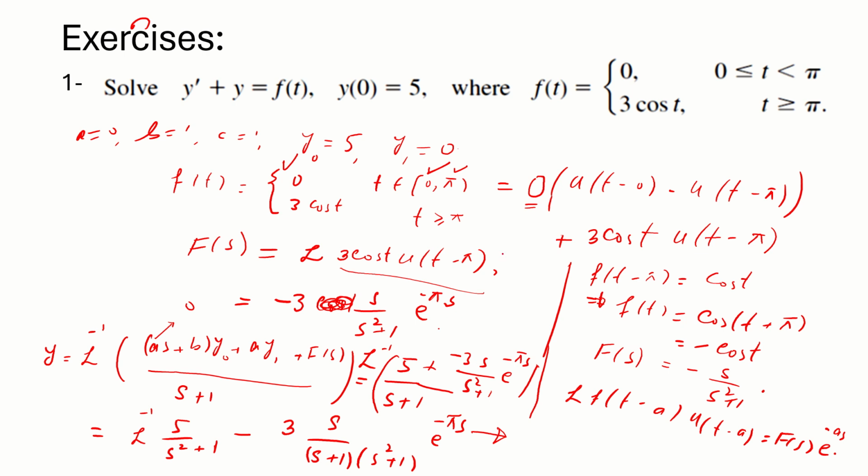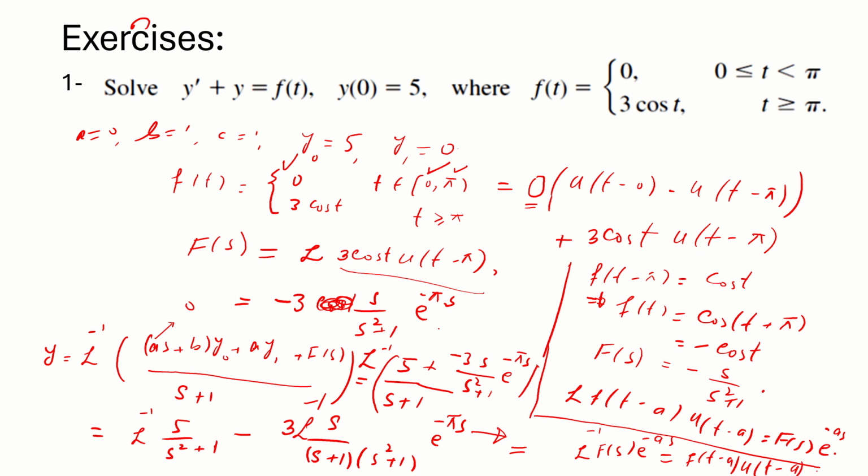So when you apply this, you have to apply Laplace inverse of f of s e power minus as. This is the rule used for finding Laplace inverse as well. So this will be something like f of t minus a u t minus a, where u is the piecewise defined function.